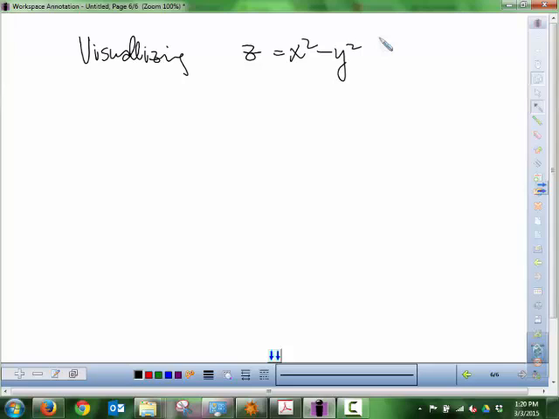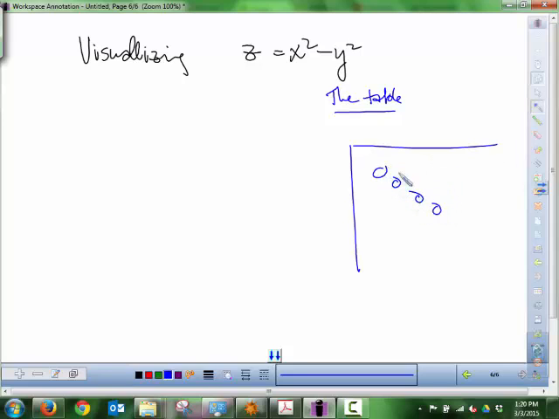And to begin visualizing this, I want to go back to that numerical table that we had, where we had zeros, I think we had 1, 1, negative 1, negative 1.